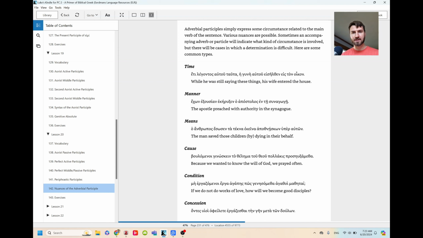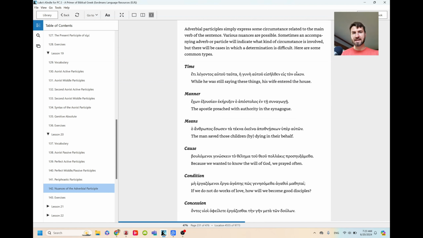So here, he speaking these things, the woman, his wife, entered the house. And so this is focused on time, and what actually indicates it is the eti here, while he was speaking these things, his wife entered the house.